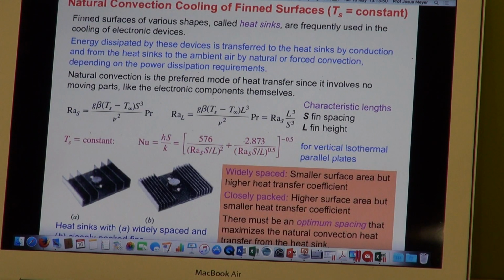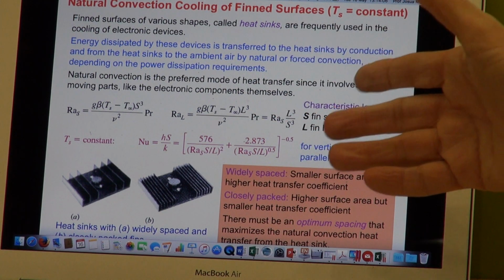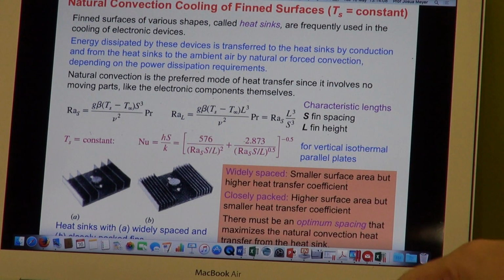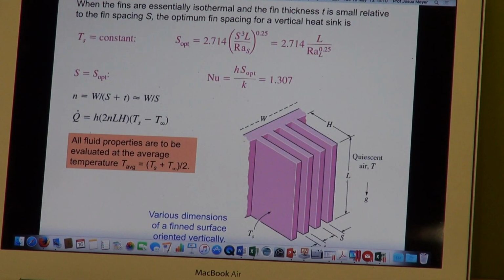So this has been done for typically electronic cooling products like that. There you can see all the different types of fins. And depending on whether it is a constant surface temperature problem, take note, Ts is equal to constant, then the Nusselt number is typically given by that equation, and it can be optimized.